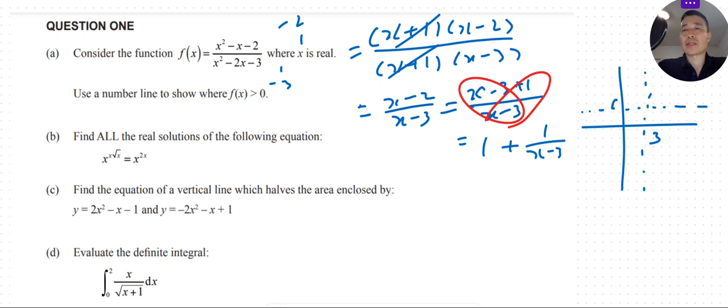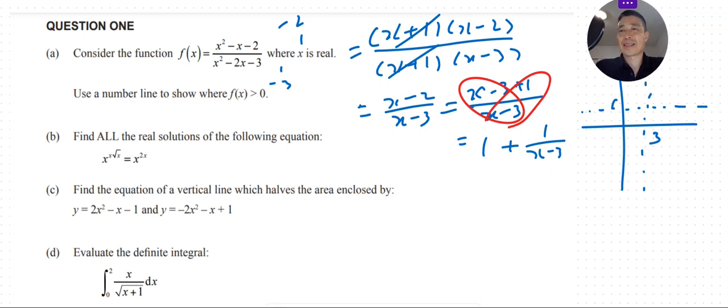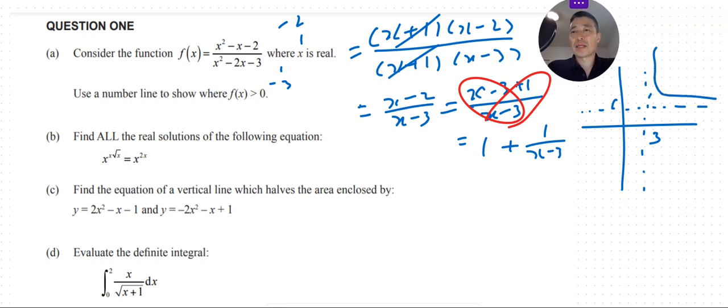And because this is positive, 1 tells me that's positive. It's got to be like this. Now that right hand side is positive, so it's sweet. So when x is greater than 3, that's no problem.